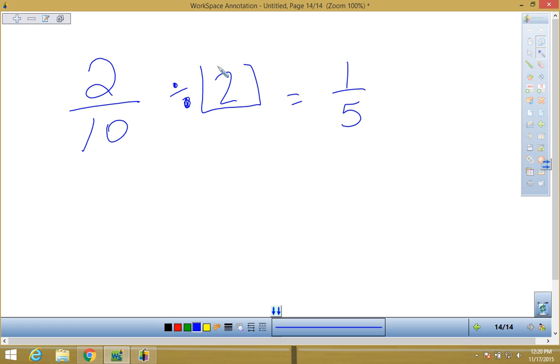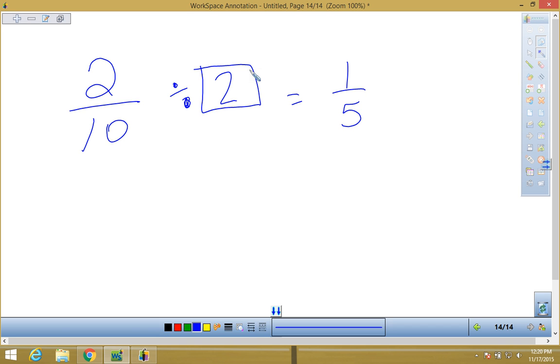Now, think about that 2. What would you say that 2 is when you're looking at the numerator and the denominator? What does this 2 have to do with it? What would we call this 2? The GCF.